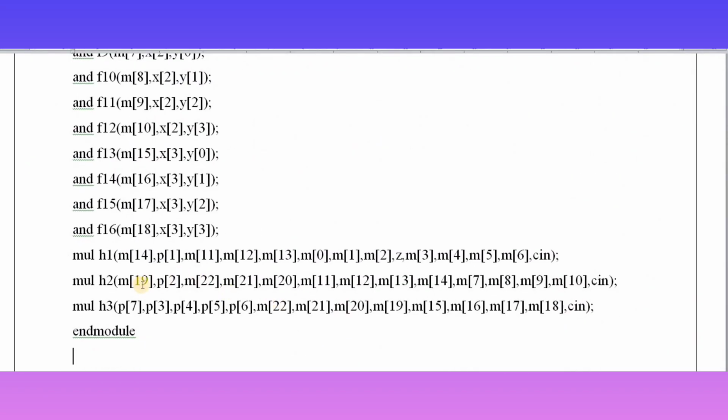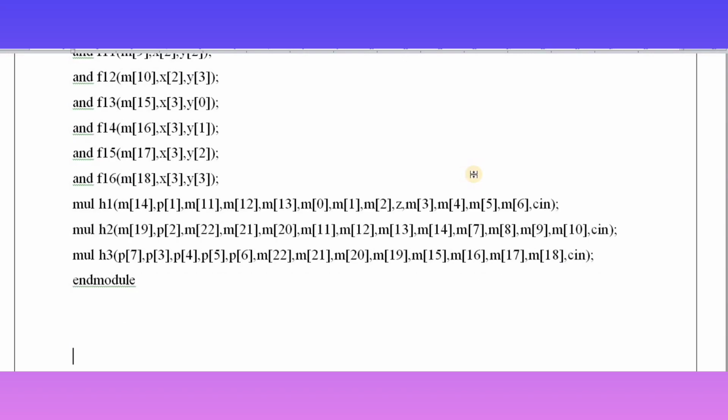So you can see M19, P2, M22, 21, 20, 11, 12, 13, 14, 7, 8, 9, 10 and C. So similarly for the next 4-bit adder, you have to write like this. After that, you have to complete the program with the end module.